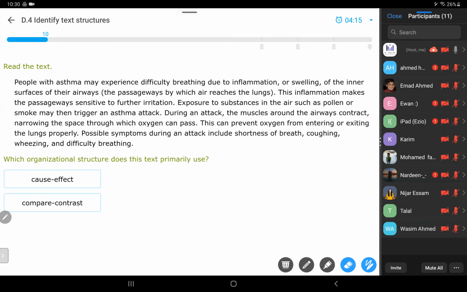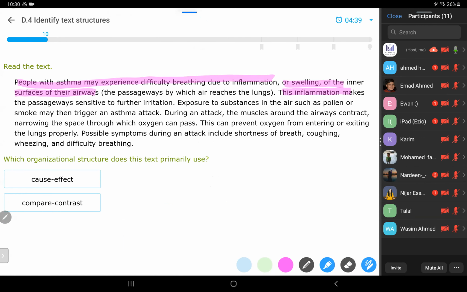People with asthma may experience difficulty breathing due to inflammation or swelling of the inner surfaces of the airways. The inflammation makes this, usually what is between brackets, don't let it confuse you, just explains what was before.